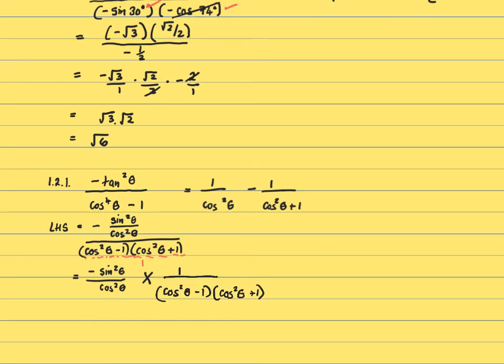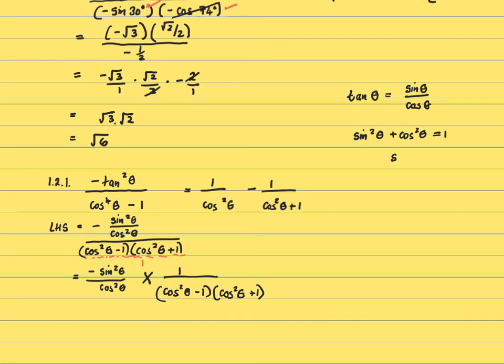All right, now what am I going to do? Okay, all right, now remember that there are a couple of things that we should know off by heart. We should know that tan of theta is equal to sine of theta over cos of theta. We should also know that sine squared theta plus cos squared theta is equal to 1.